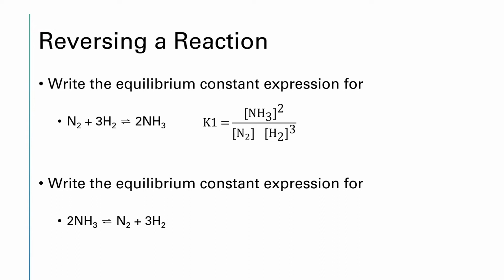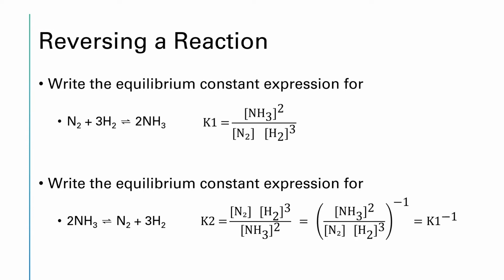If we write the equilibrium constant expression for this new version of the reaction, nitrogen and hydrogen have to be in the numerator and ammonia is going to be in the denominator. And again, we have to raise all of the values to the right value of the coefficient. So if we compare this new K2 to our original K1, they're reciprocals of each other. So this expression that we have right here is the reciprocal of what we had up top.